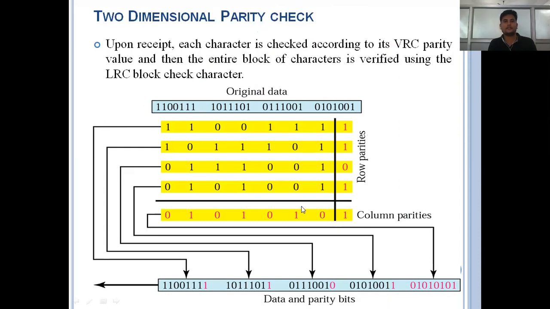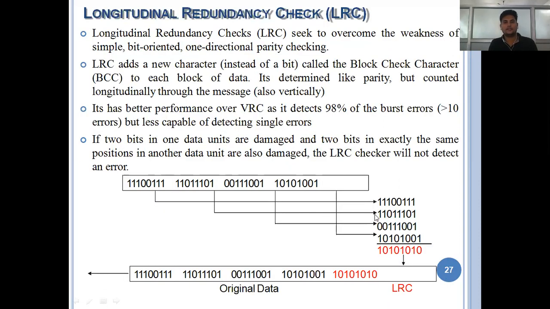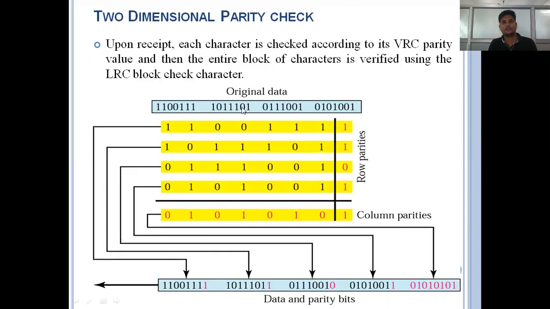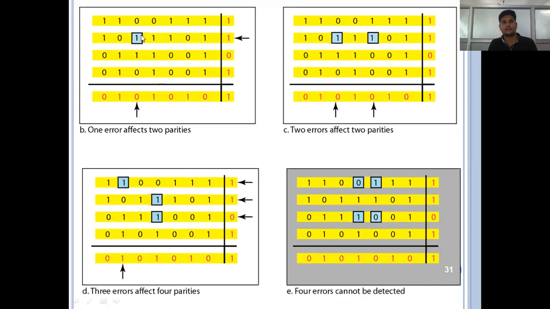Here it is double 1 0 triple 1 0 1, but here 1 0 triple 1 0 1. So the error is identified. So one error affects two parities.